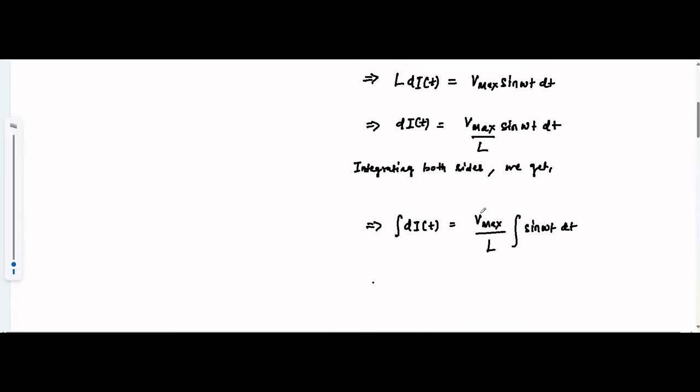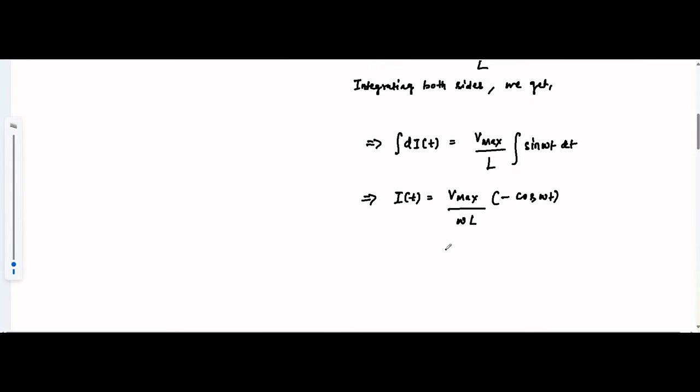So now this becomes i(t) is equal to Vmax by omega L. Here we are integrating with respect to t, so omega, the angular frequency, behaves as a constant. So Vmax by omega L, the integration of sine is minus cos omega t. So we can write this as minus cos omega t.